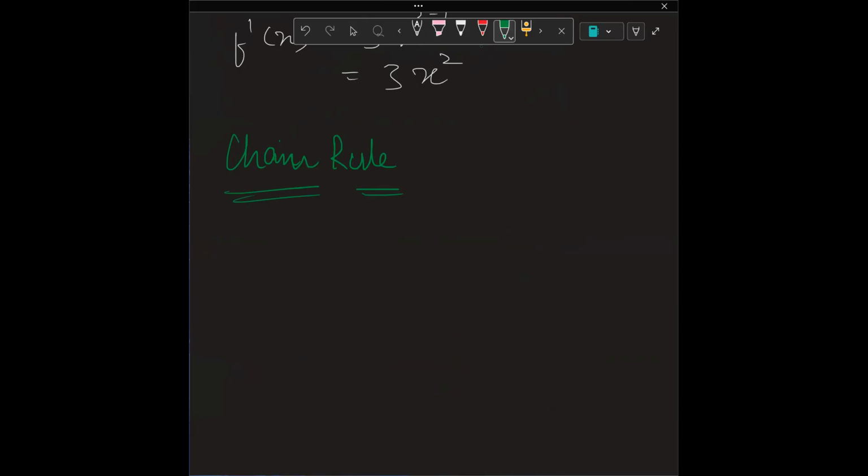What the chain rule suggests, I will start using an example. Let us consider our function is sin x square.